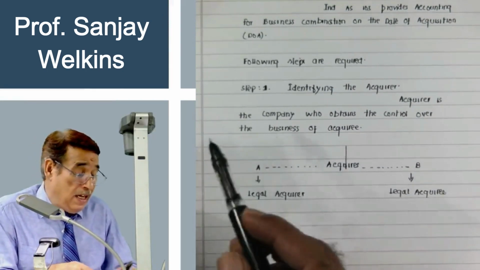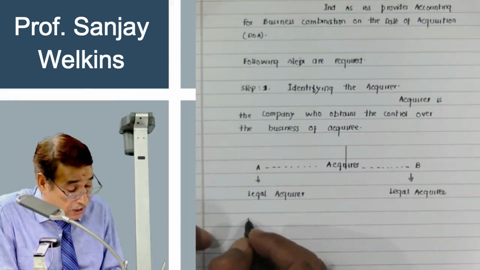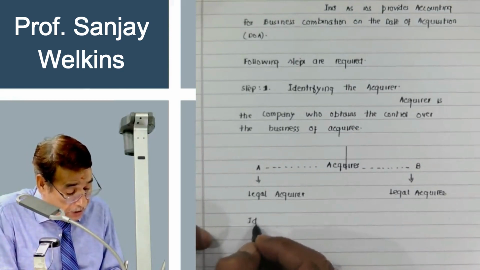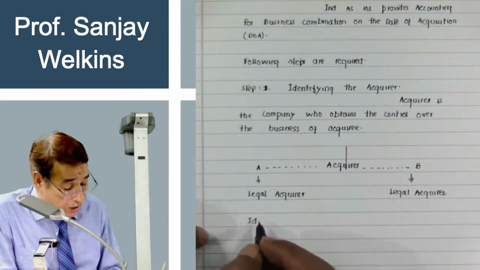So basically identifying the acquirer means identifying the acquirer for the purpose of accounting.